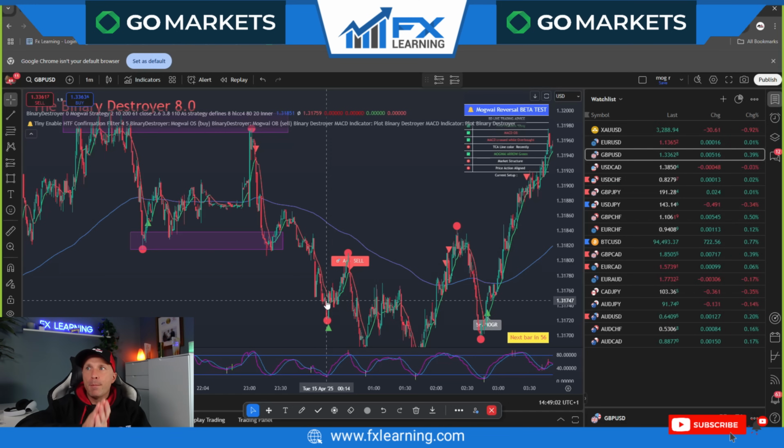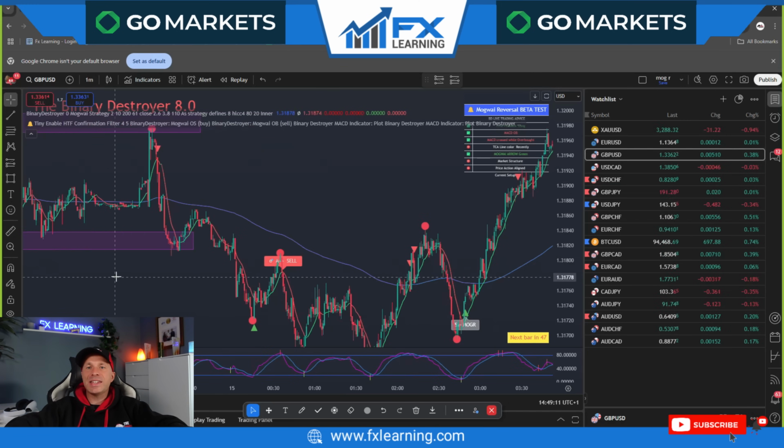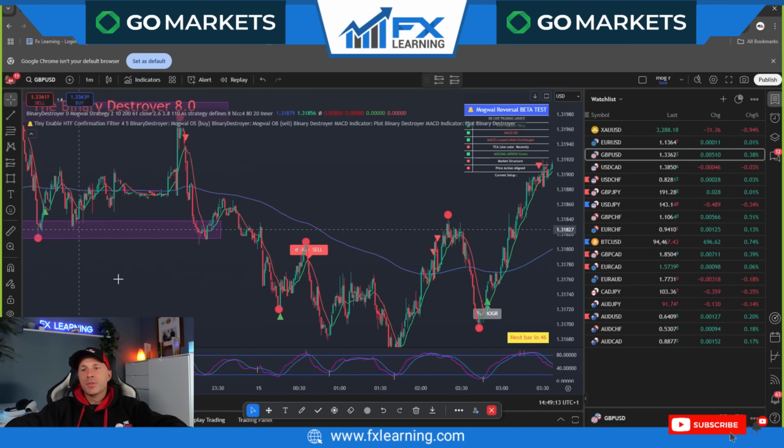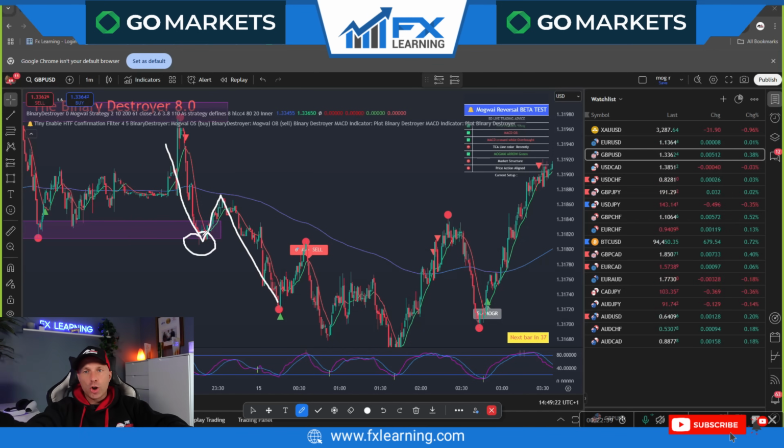You can't mark lower highs and lower lows in a consolidation area because it's not creating lower highs and lower lows, right? So when you look at this here and you go, oh, look, Jamie, price has come down, created a lower low, lower high, lower low. That is not a lower high, a lower low, sorry.